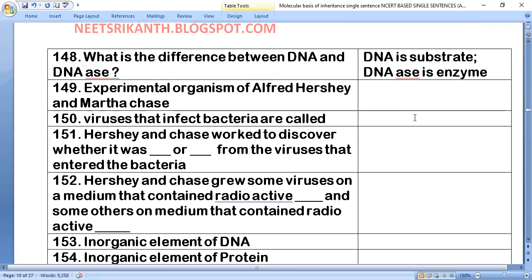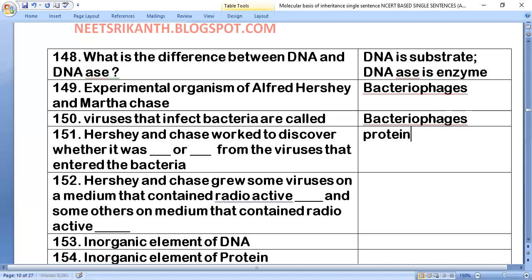Experimental organism of Alfred Hershey and Martha Chase: bacteriophages. Viruses that infect bacteria are called bacteriophages. Hershey and Chase worked to discover whether it was protein or DNA from the viruses that entered the bacteria.